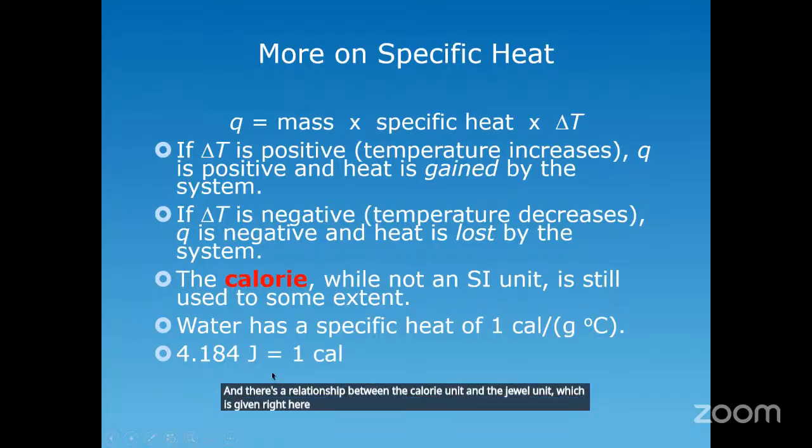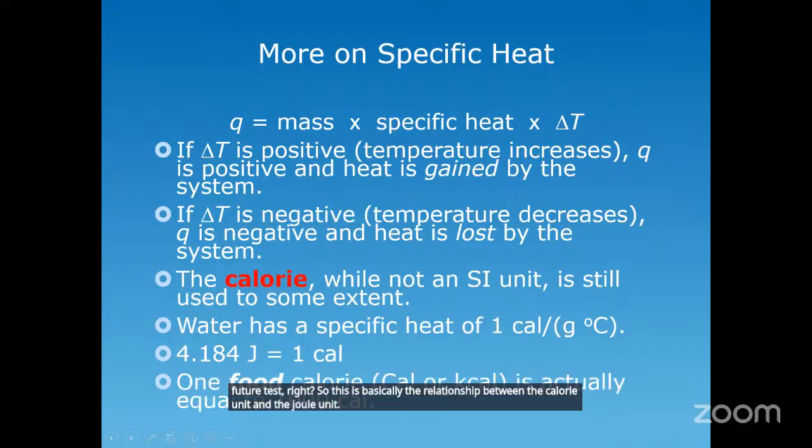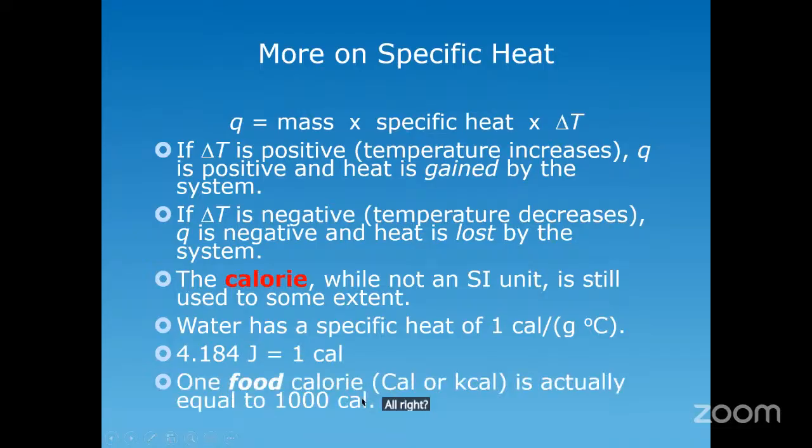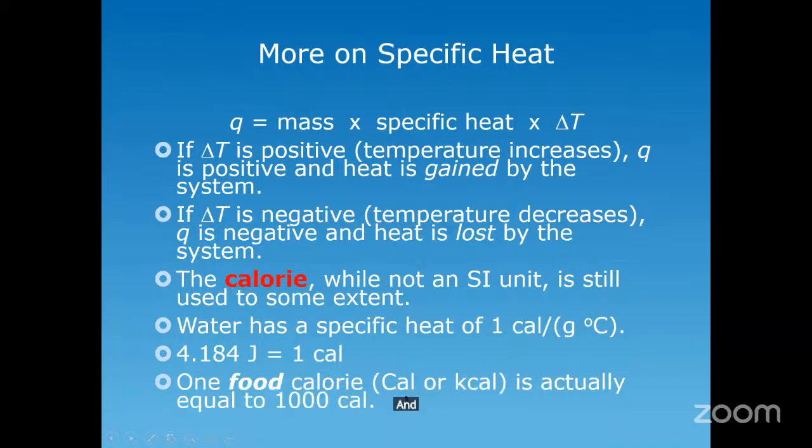This is also available in the packet that is posted in Canvas, which you'll have access to during your future test, all right? So this is the relationship between the calorie unit and the joule unit. And there's another unit of energy used specifically by nutritionists. It's called the food calorie, and its unit is slightly different from the calorie we're accustomed to.